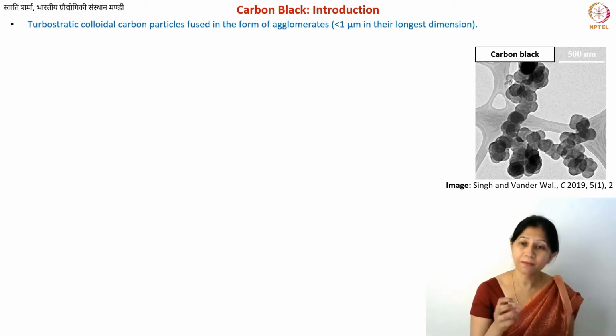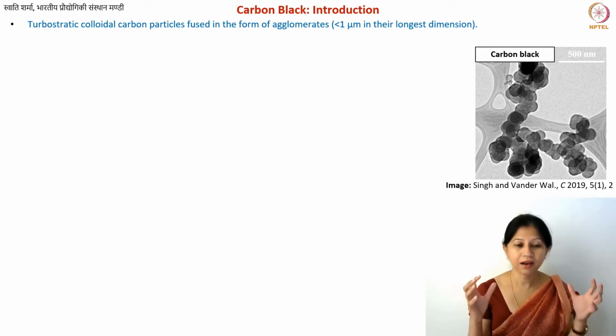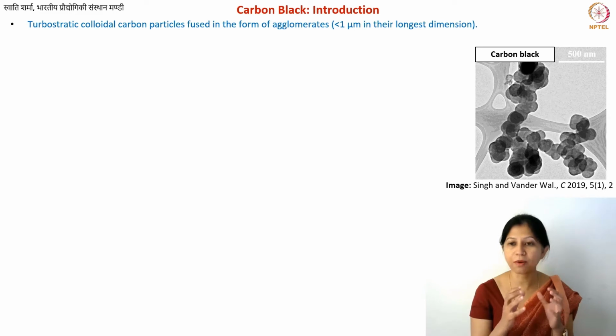These are actually very small nanoscale carbon particles, and they are fused together. They form a bunch or a cluster because that provides them a more stable geometry, and that is why we have these clusters. The cluster size in its longest dimension should be approximately in the 1 micrometer range, so it's not exactly 1 micrometer.